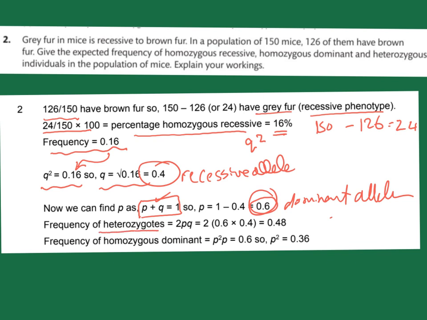The frequency of the heterozygotes is 2pq, so 2 times p times q, and you will get the frequency. For the frequency of the homozygous dominant, you need to square the value of p. So it will be 0.6 times 0.6 equals 0.36.